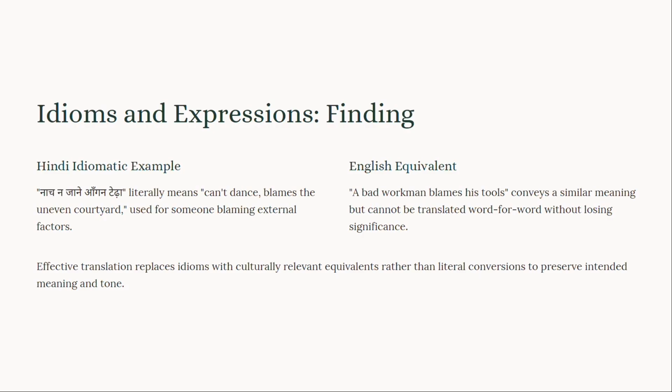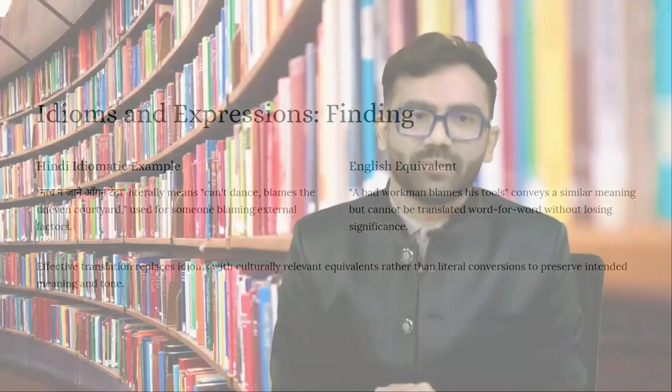So, for effective translation, replace with culturally relevant equivalents rather than literal conversions to preserve the intended meaning and tone. It depends on the context, I repeat. But whenever there are idioms and expressions or phrases, you can try to find similar idioms and expressions and translate them. I want you to pause over here, take 10 different idioms that you have in Hindi and translate them in English.